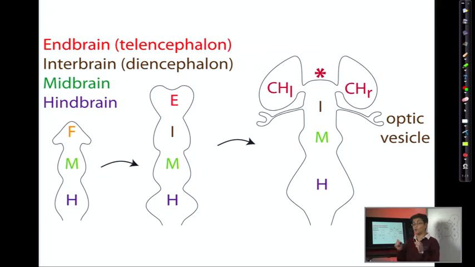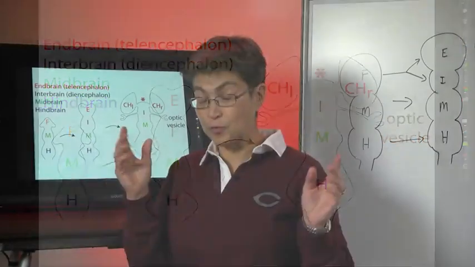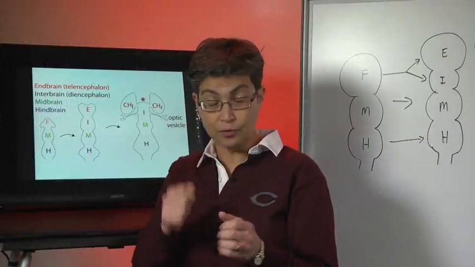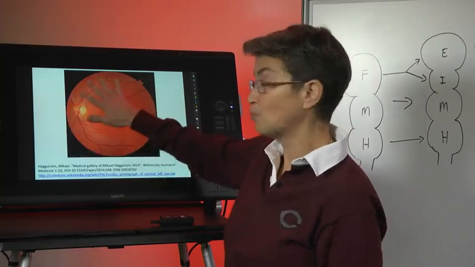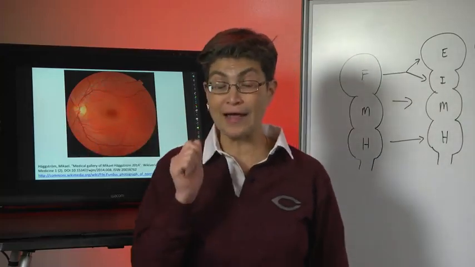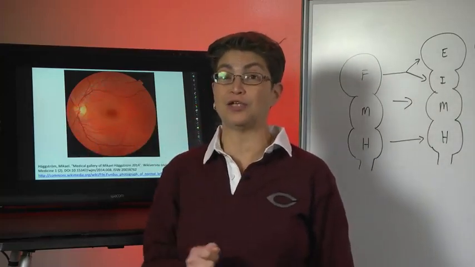It is part of the central nervous system, which is an awesome piece of information, because when a physician looks in with an ophthalmoscope and looks at the retina, they're looking at the brain. They are looking at the central nervous system.